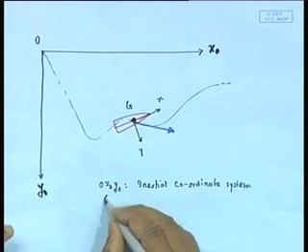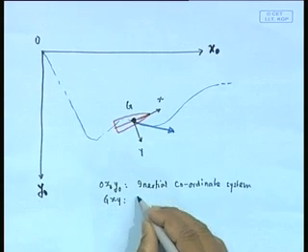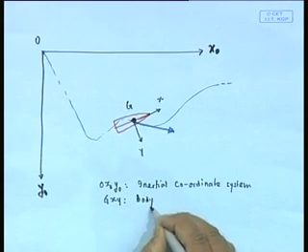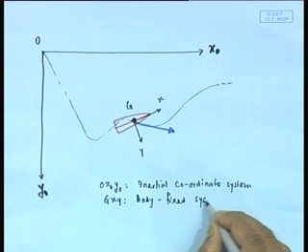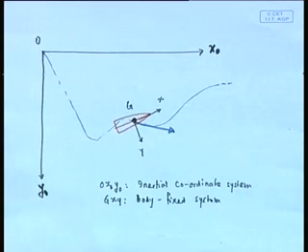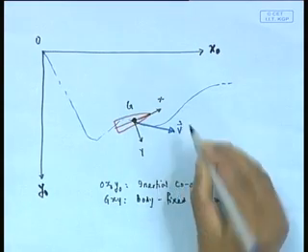Now I will have Gxy, a body coordinate system. This is my vector V, the fluid velocity vector V.